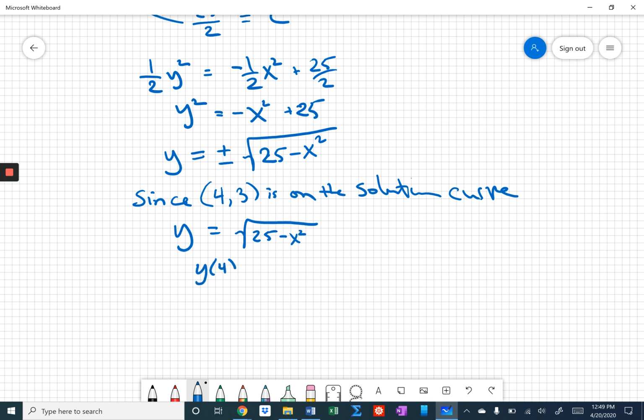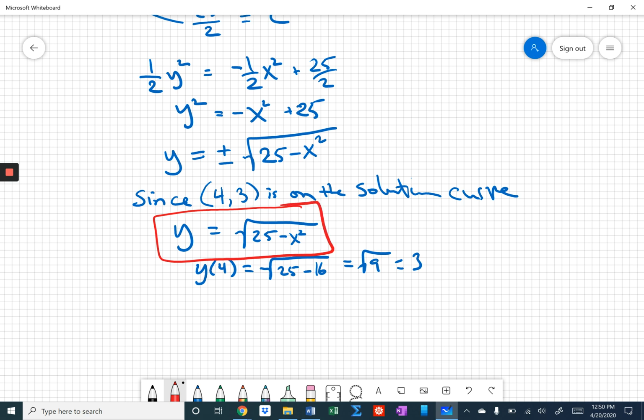Since y of 4 is going to be the square root of 25 minus 16, 4 squared, which is the square root of 9, which is just 3. So here's our answer right here.